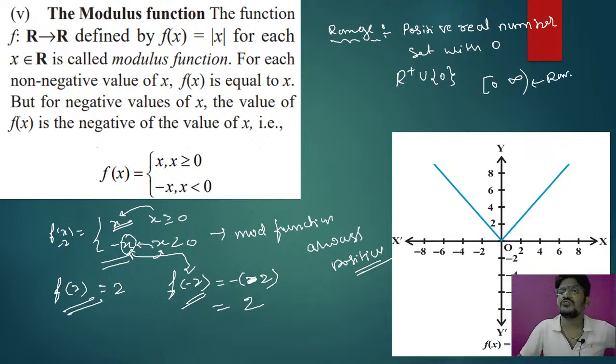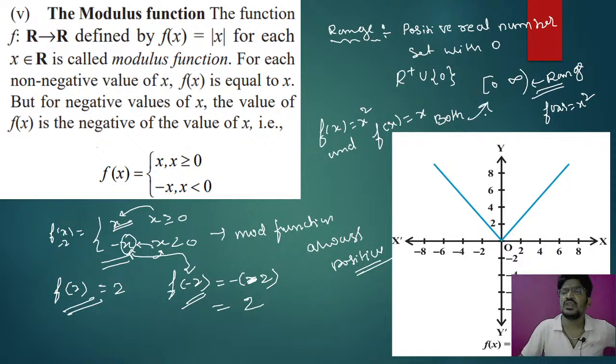This is the range of some other function also. What is that? This is also the range of f of x is equal to x square. So f of x is equal to x square and f of x is equal to mod x, not x, mod x, both have the same range.